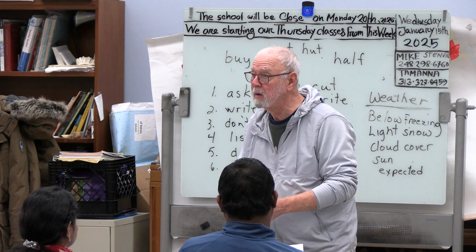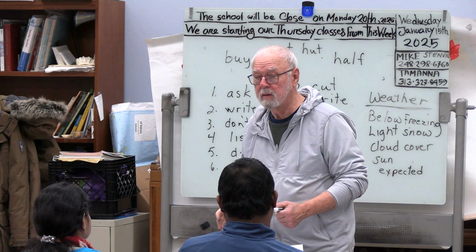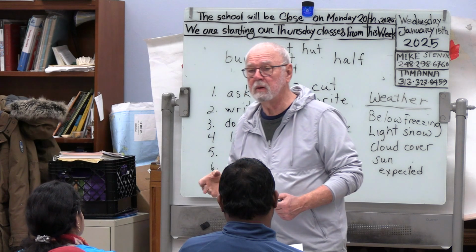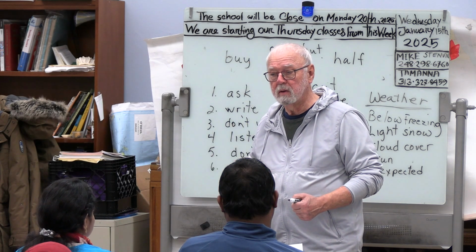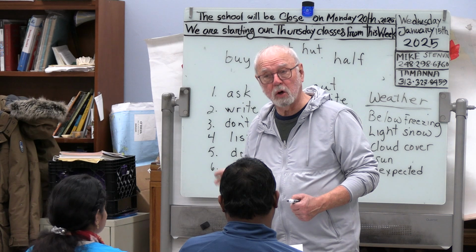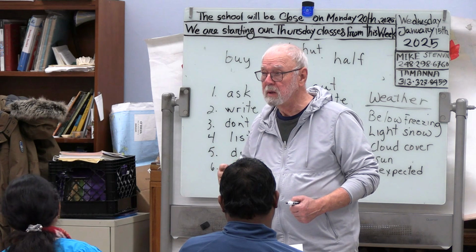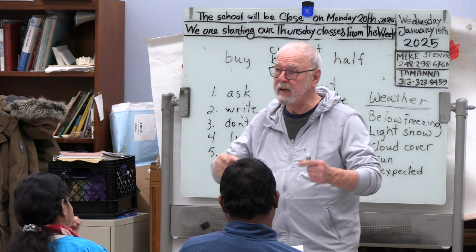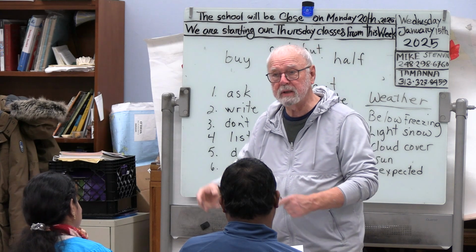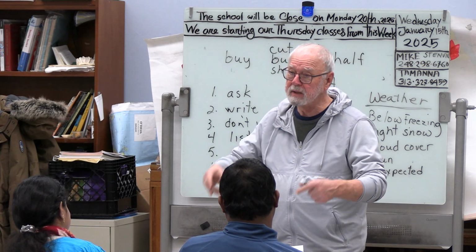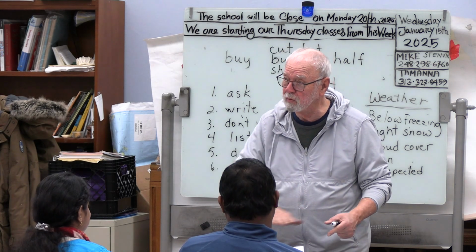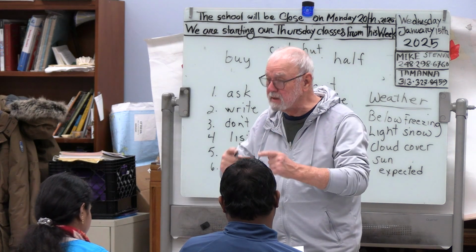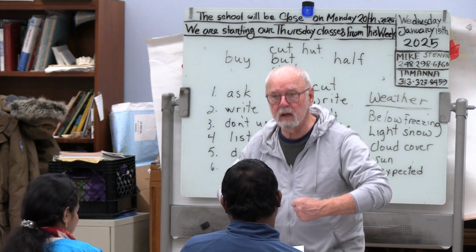Like, food ready for eating. Usually set the table means put down the plate, put down the silver, put down the napkin, have it ready. Set the table. Sit down.